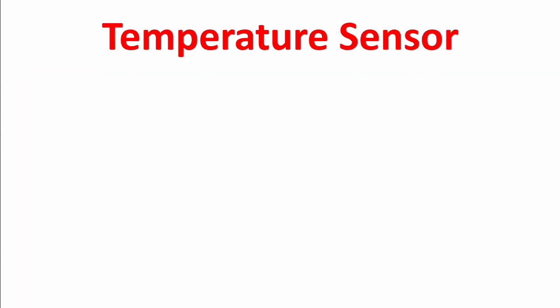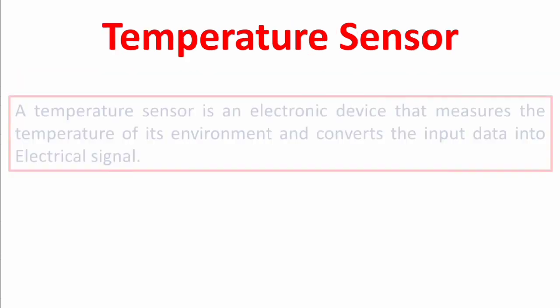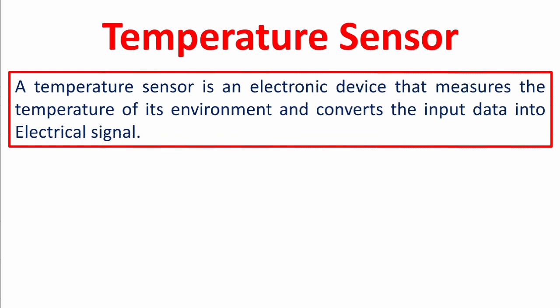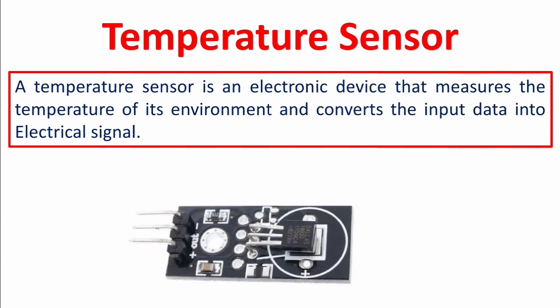Now next is the temperature sensor. A temperature sensor is an electronic device that measures the temperature of its environment and converts the input data into electrical energy. You can see here, this is the temperature sensor module.